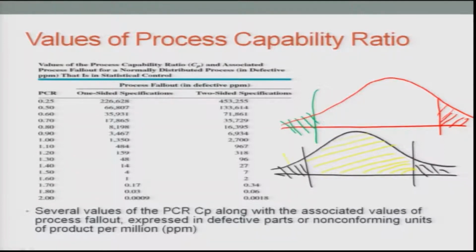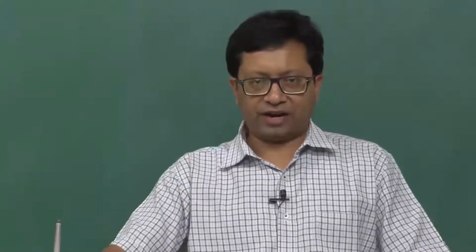Sorry for that, because the color is changing, so please bear with me. I will remove this yellow color and bring the red color into the picture. This will be alpha by 2, this will be alpha by 2, and this would be 1 minus alpha, which means that because this is a normal distribution, both the upper tail and the lower tail would be proportionally divided.